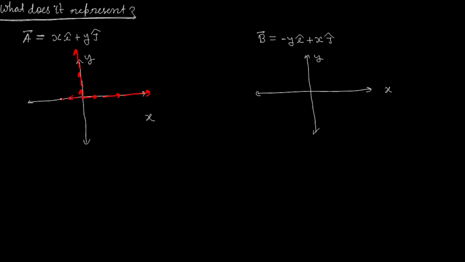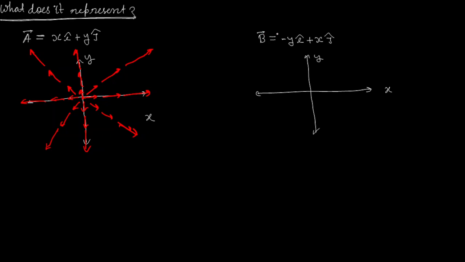On the negative x-axis it will look like this, and on the negative y-axis like this. On the xy plane, in the first quadrant it will look like this. In the second quadrant it will look like this, in the third quadrant like this, and in the fourth quadrant it will look like this.